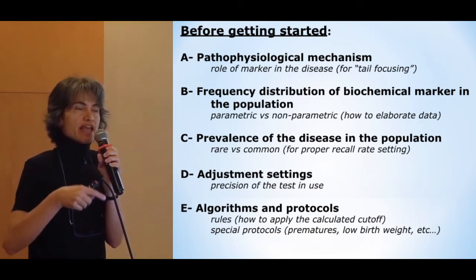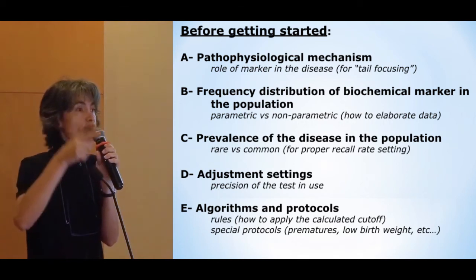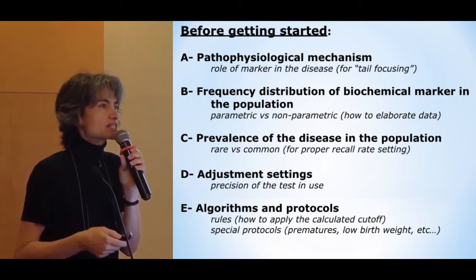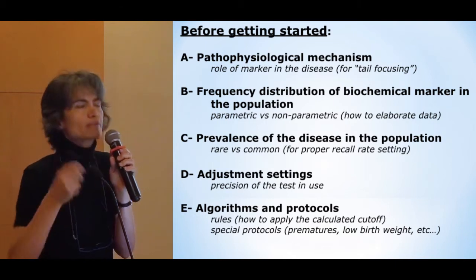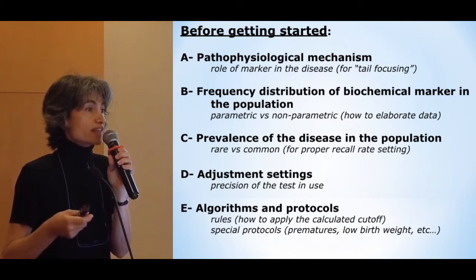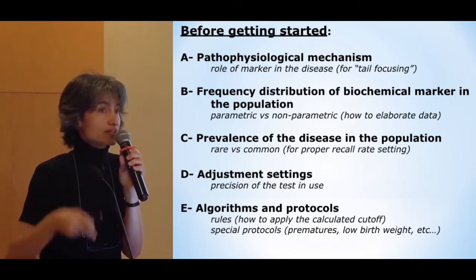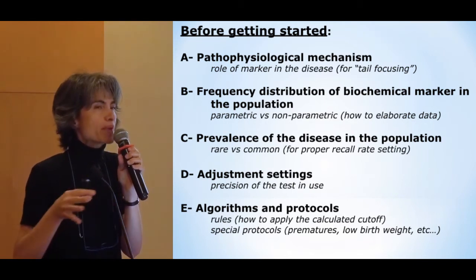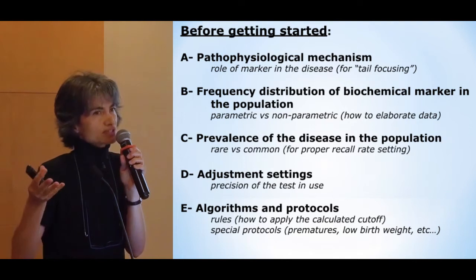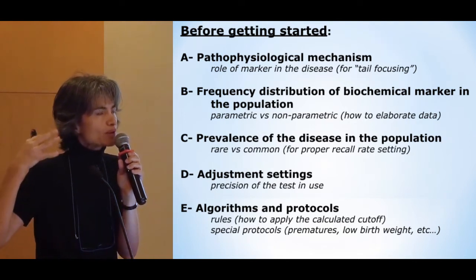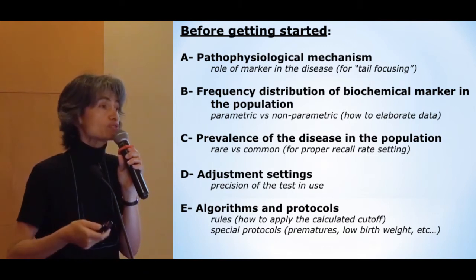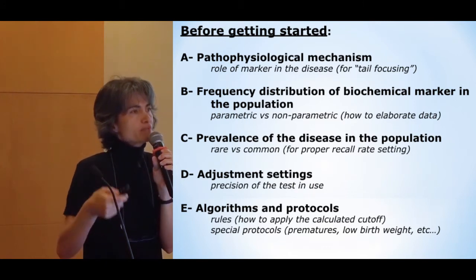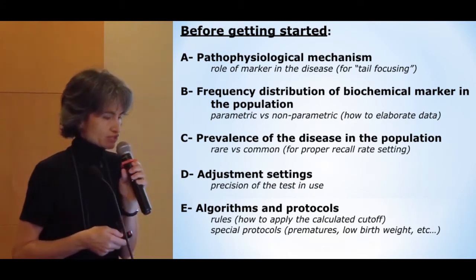It can display a symmetrical distribution, so in this case you can use statistics like standard deviations, or you may talk about median. But if it's not symmetrically distributed, as in our cases, you have to use non-parametric statistics, that is percentiles, okay? That's why you hear about percentiles so many times, because most of the time the markers that you are dealing with display a non-symmetrical distribution among the general population.